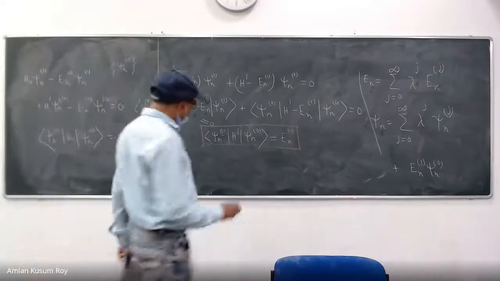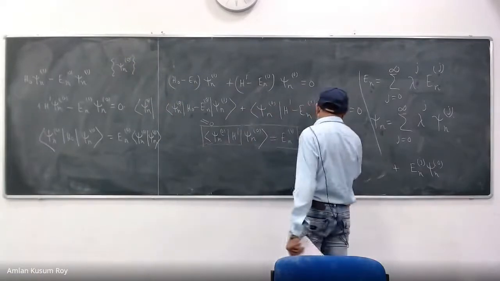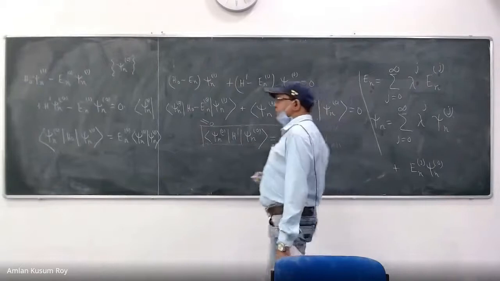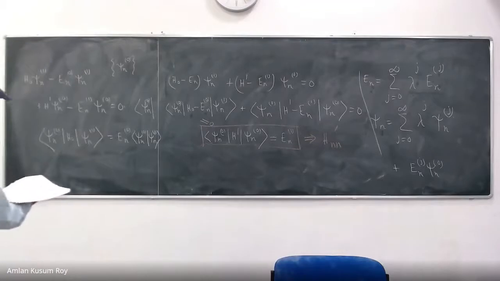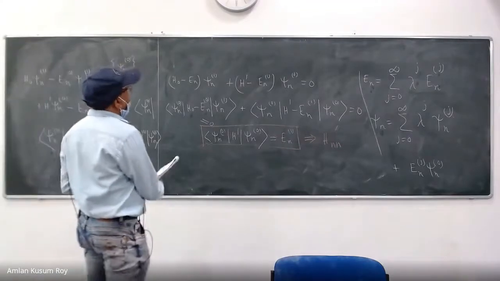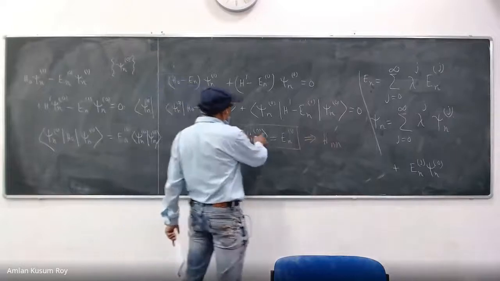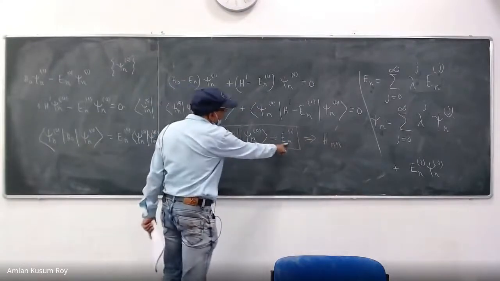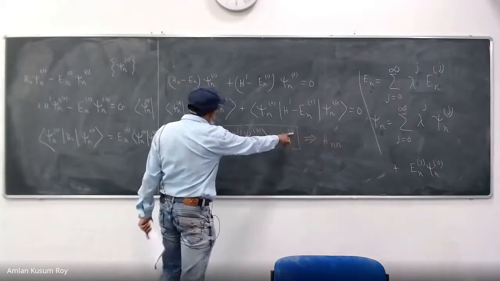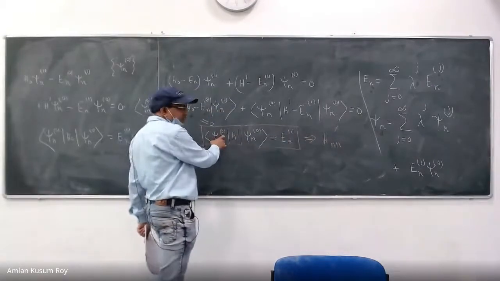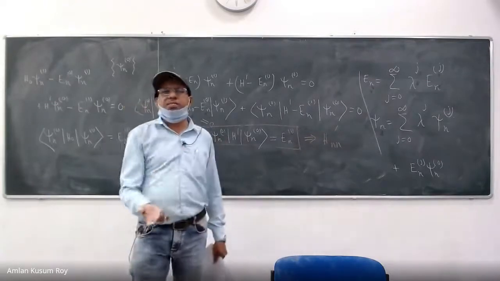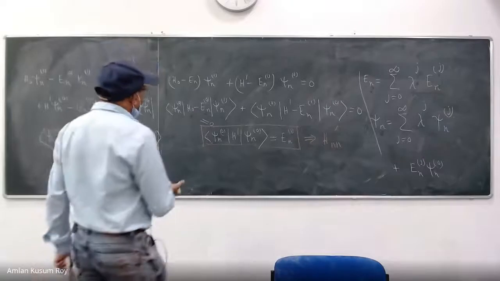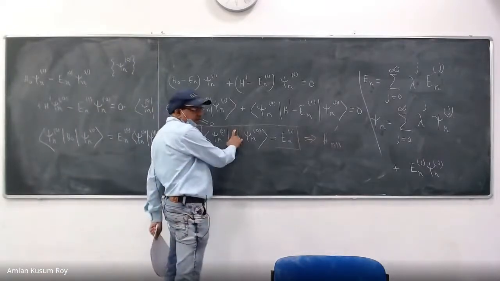We will also give a symbol for this in the future. The derivation is very simple, but what it means is more important. For the nth state, in the first order correction of energy, you are only required to have knowledge of the set psi n0, which is the solution of the unperturbed Hamiltonian, and H prime, the perturbed Hamiltonian.